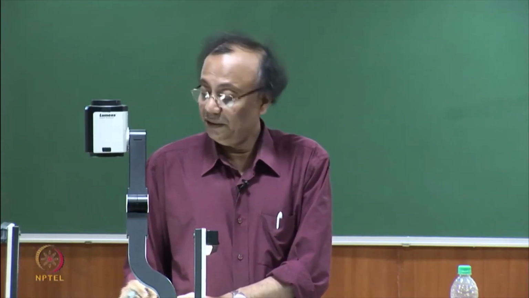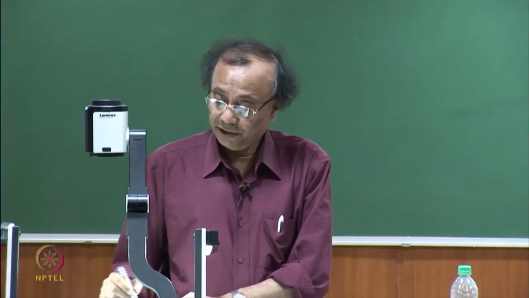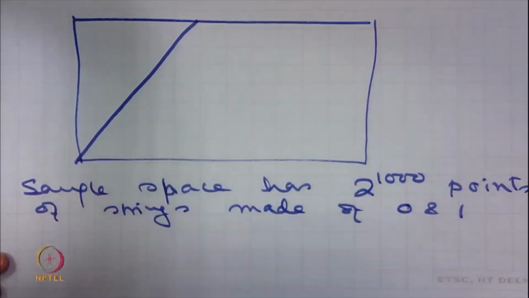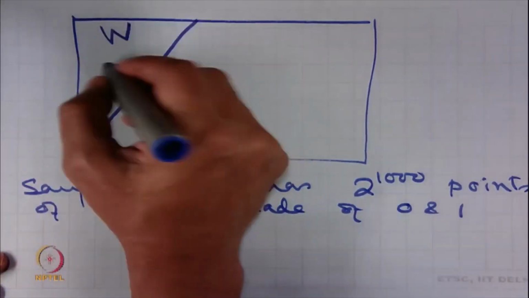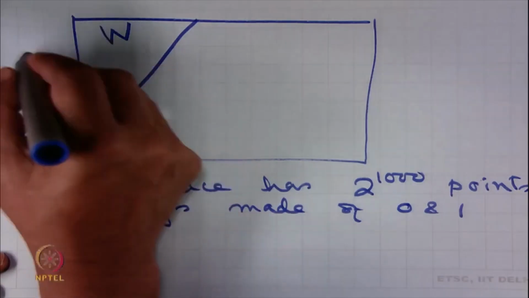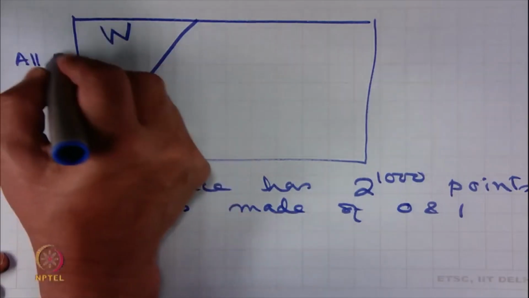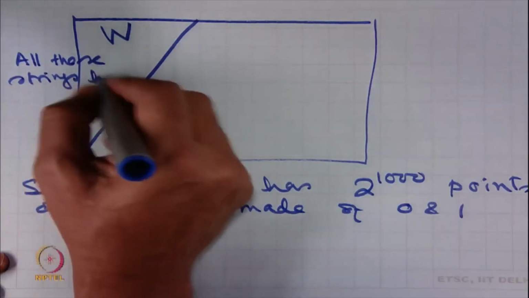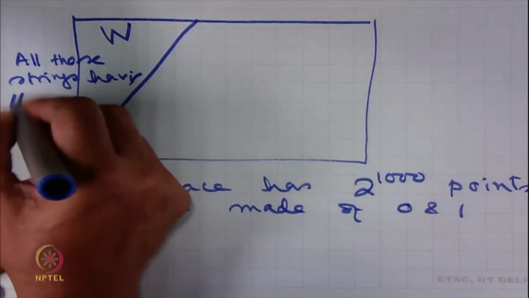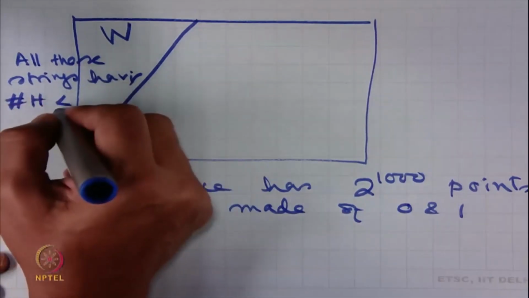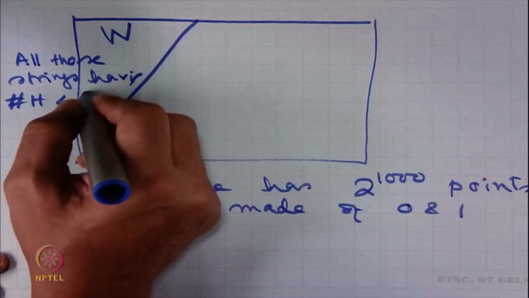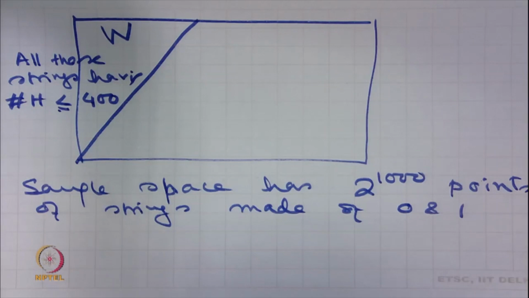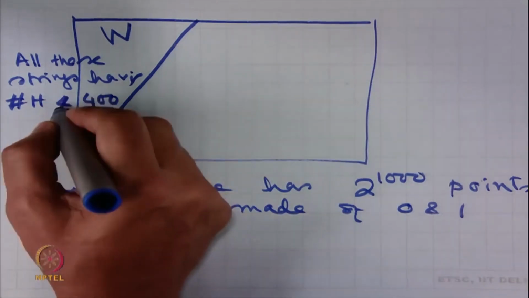So, 1000 tosses means 2 to the power 1000 points, and suppose this is my W. That means, all those strings having number of heads less than 400.